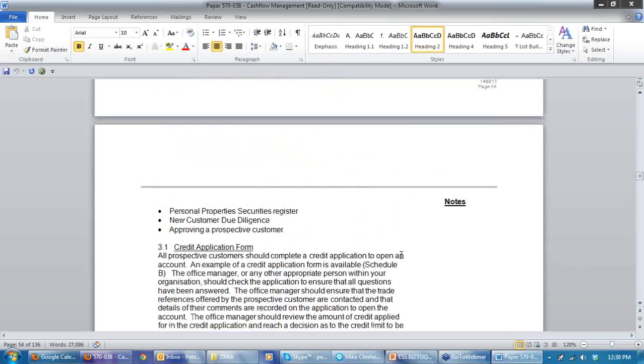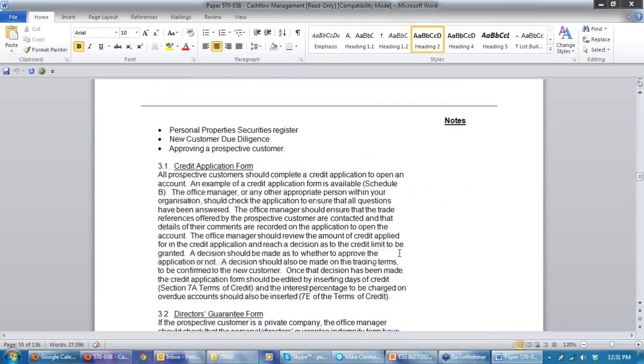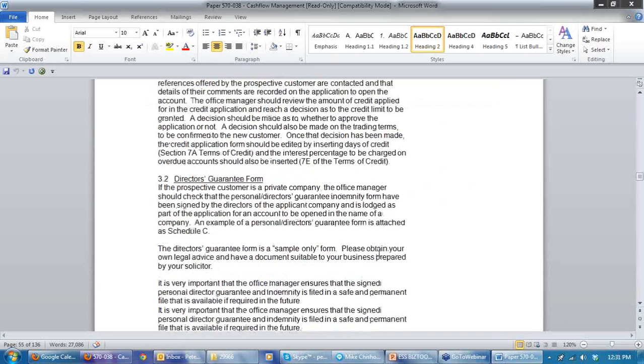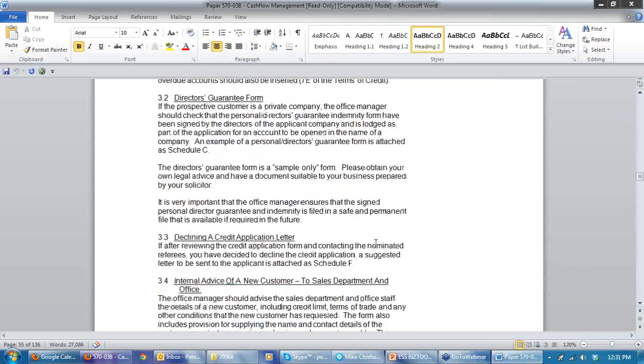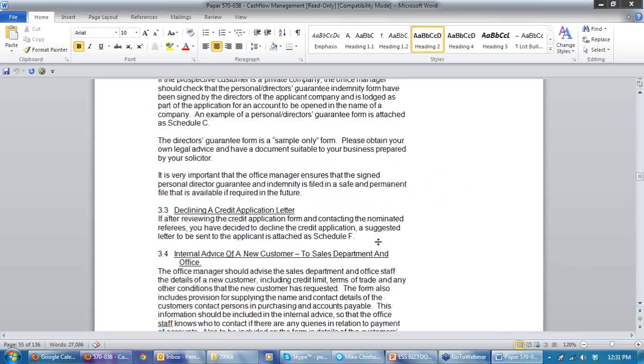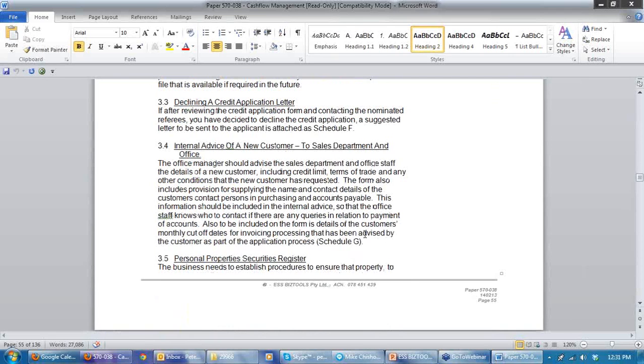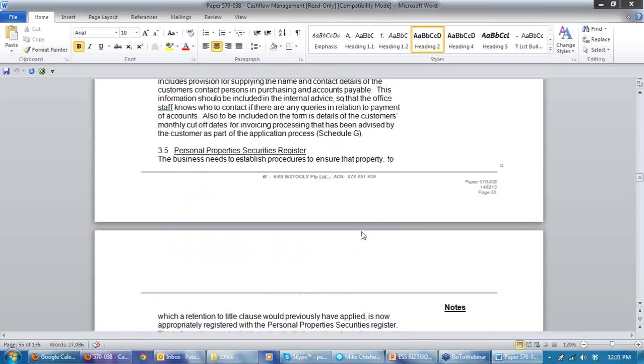It's going through the whole process, talking about what they should do with private company directors' guarantee forms. They tell their sales department they've got a new customer. What have they done about the personal property securities register? Or do they still think the Romalpa clauses are still effective?